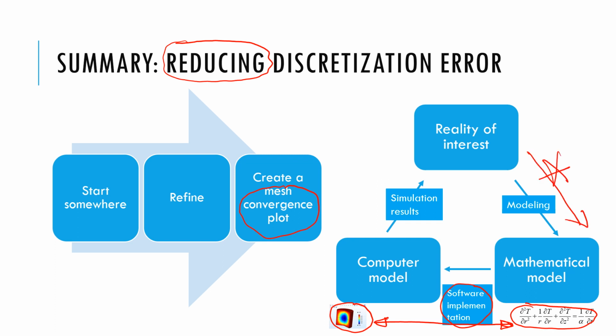In formulating, we made error because we replaced reality with a mathematical model, and that error stays with the model because we are starting from these equations. So this error does not get addressed by reducing discretization error, just to keep the big picture in mind.